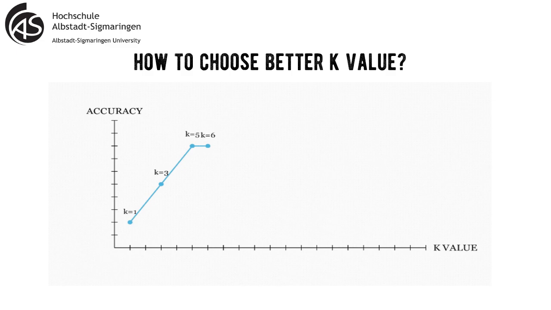But if we keep increasing K too much, the accuracy begins to drop. At that point, the algorithm starts considering too many distant neighbors and the decision becomes too generalized. The goal is to find the sweet spot, the value of K where the accuracy reaches its peak. In this example, that optimal point occurs around K equals 5. This is what we call the best K value.